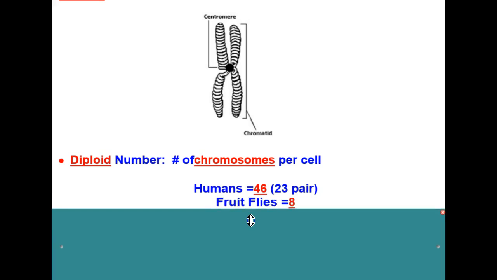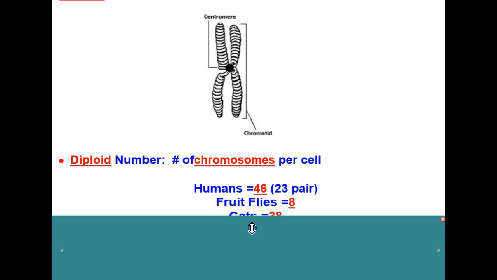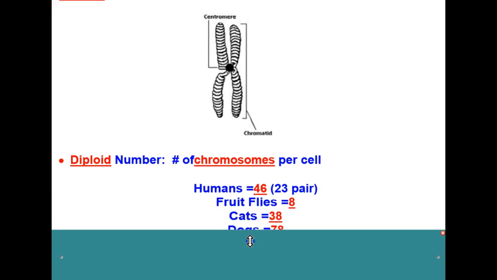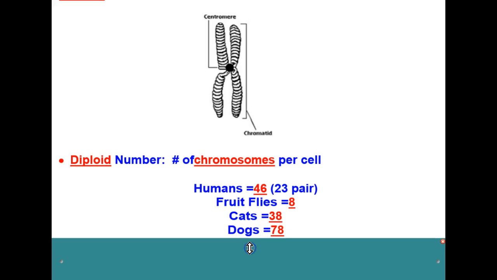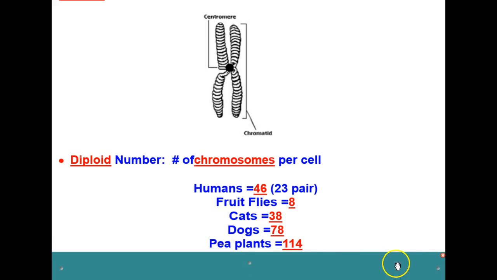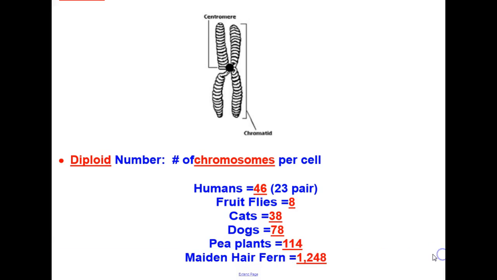Fruit flies, on the other hand, have just 8. Cats have 38. And if you think you're a big deal, dogs have 78 chromosomes. Pea plants have 114. And how about the maidenhair fern with a whopping 1,248 chromosomes?